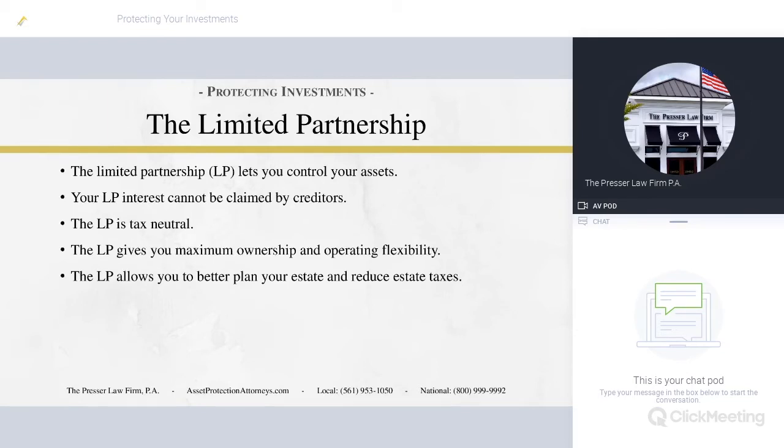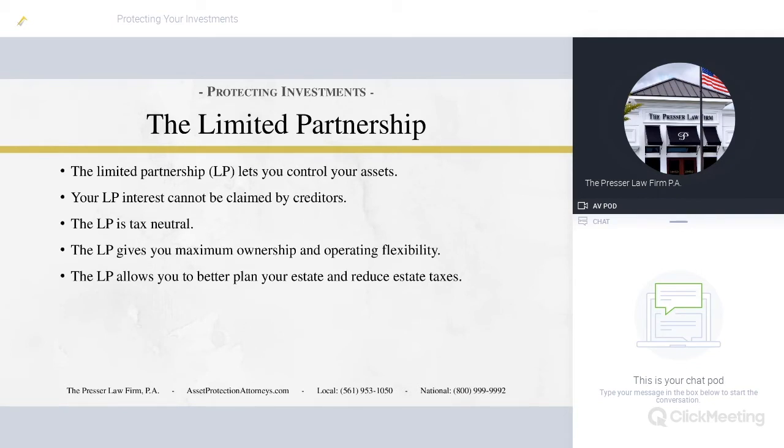In a corporation, the person or entity that owns the most is in full control, whereas with the limited partnership, the limited partners can own 99 point something percent of the limited partnership interest. The general partner can have a very fractional interest, but it's the general partner that's still in control.